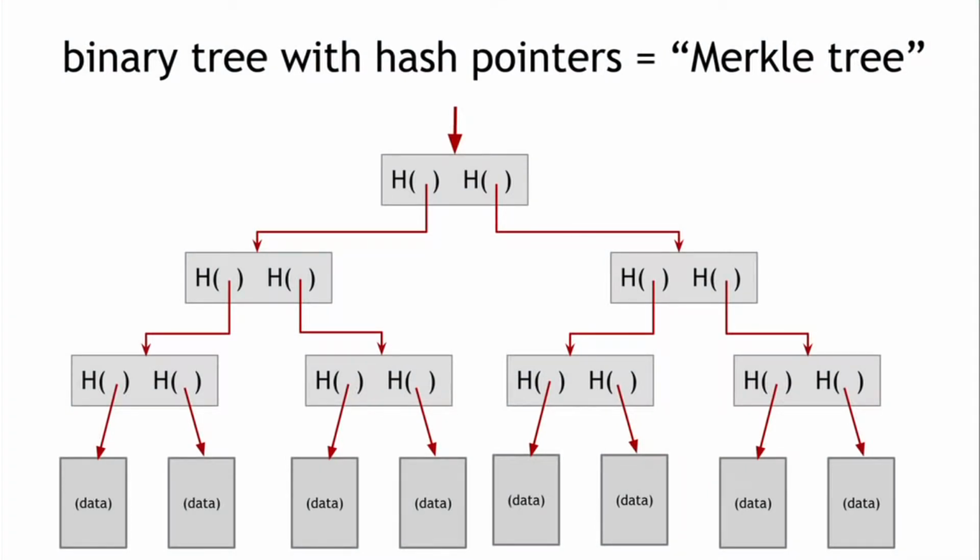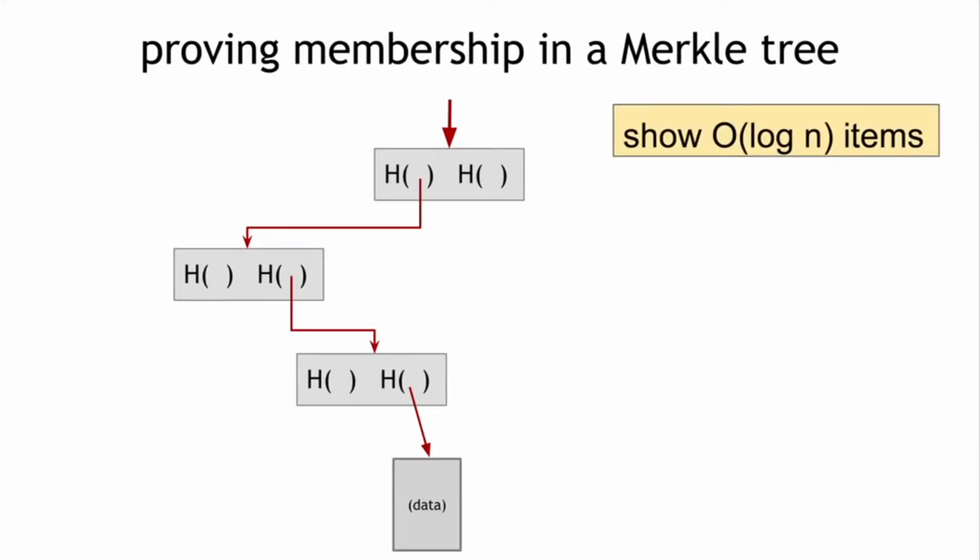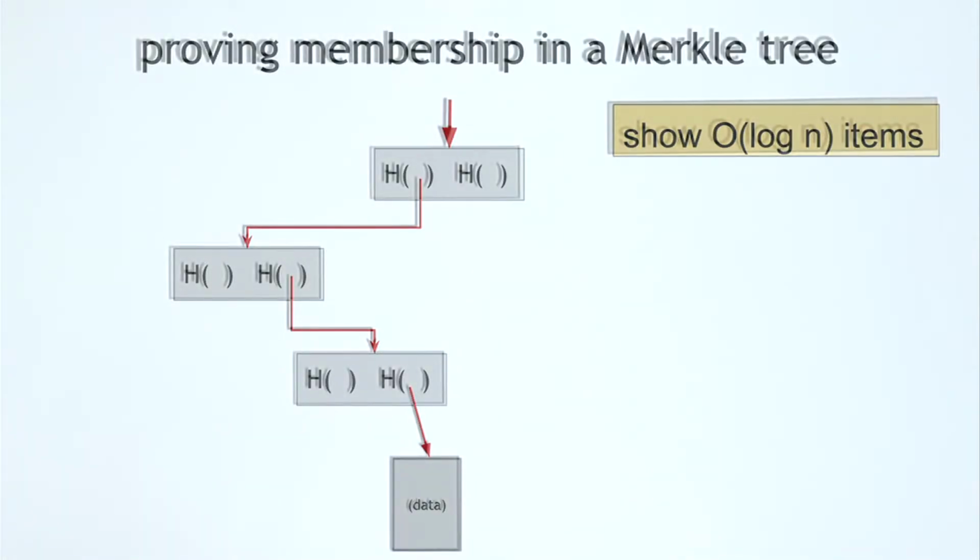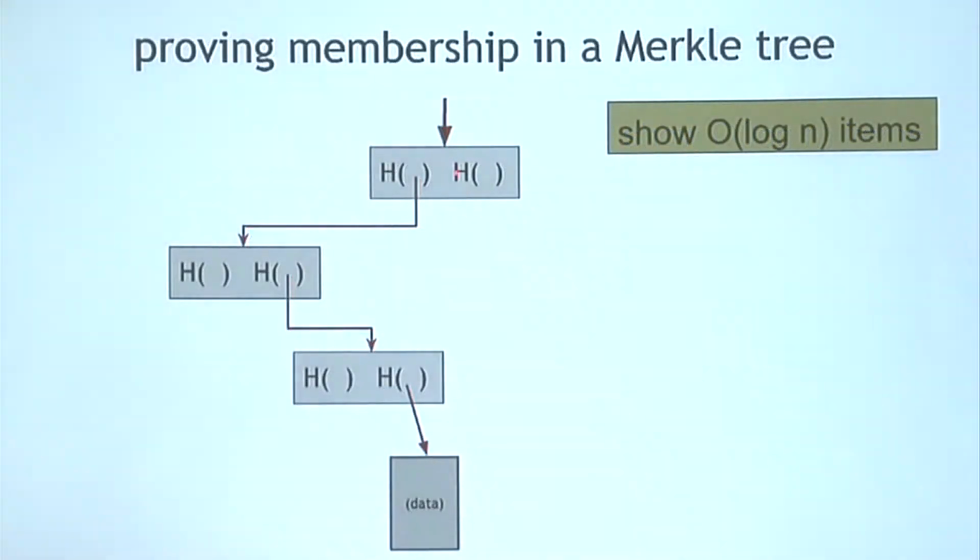Now, another nice feature about Merkle trees is that, unlike the blockchain that we built before, if someone wants to prove to us that a particular data block is a member of this Merkle tree, all they need to show us is this amount of data. So if we remember just the root, and someone wants to convince us that this block is in the Merkle tree, they need to show us this block, and we can verify that the hash matches up. And then they need to show us this block, and we can verify that the hash of this matches that.